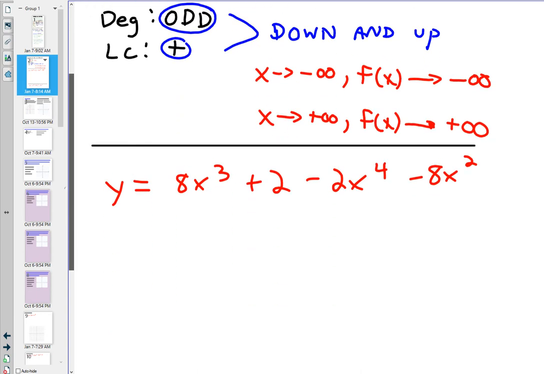Here's another one. First, let's identify the lead term. This isn't simplest form, it's not in standard form, so be careful. What is my lead term here? Negative 2x to the fourth.